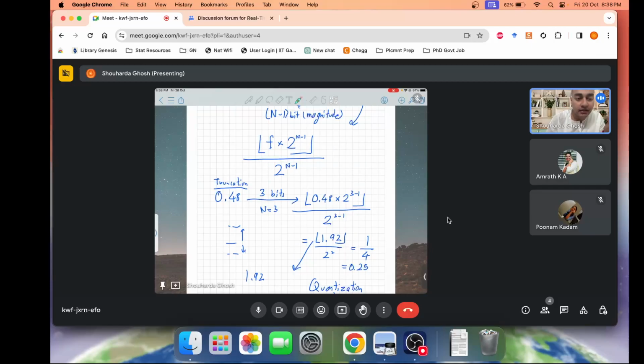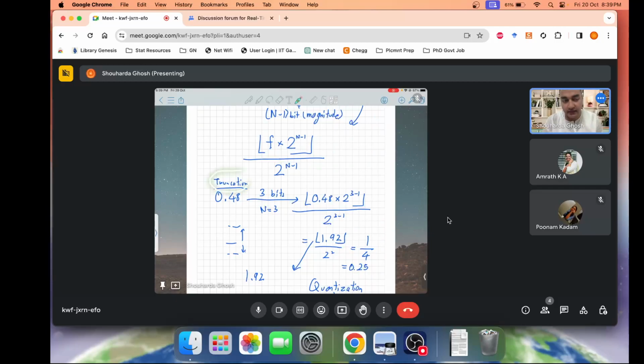That is a bit more costly than truncation, not too much, but a bit costlier. Truncation does not require any hardware at all, it is just removal, but rounding requires some additional hardware. But then the frequency response or the performance is comparatively better for rounding.